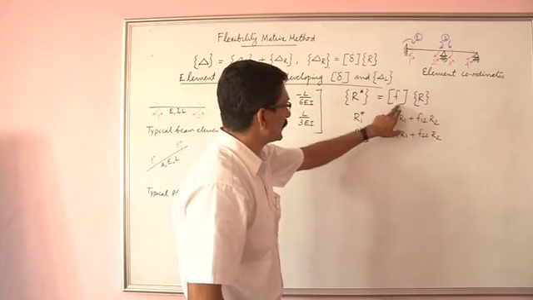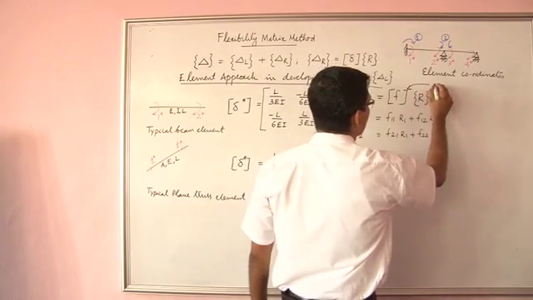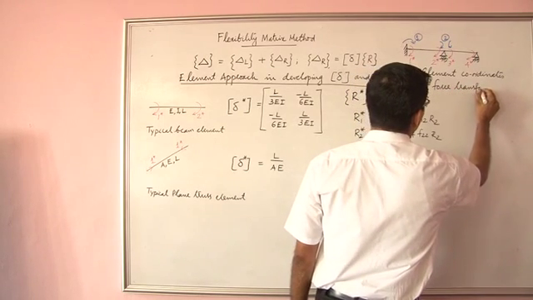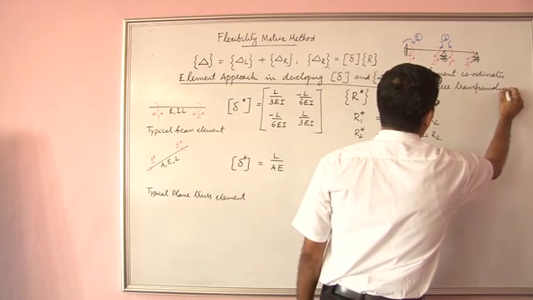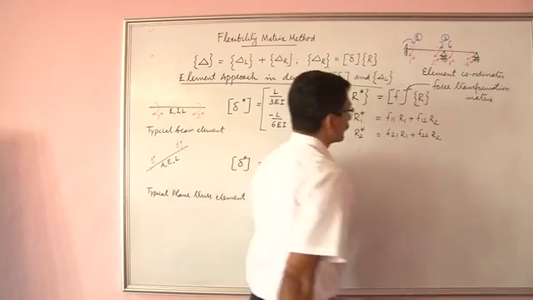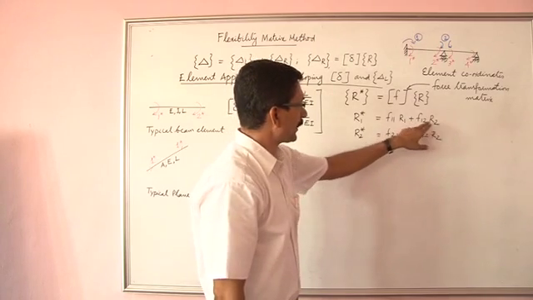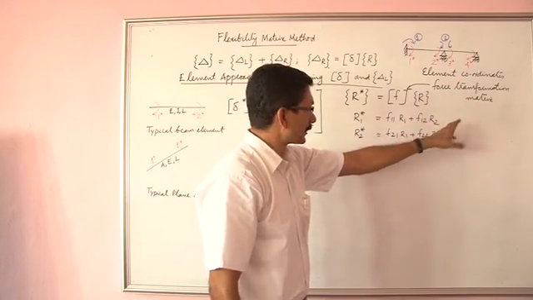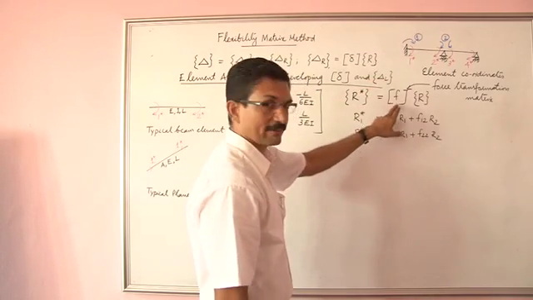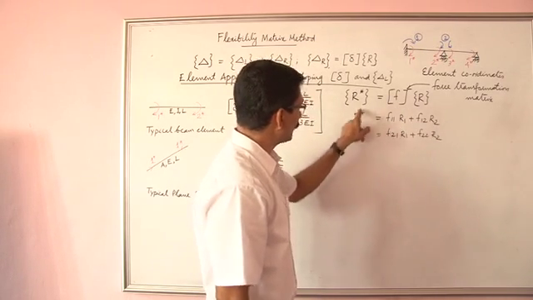So to find out this F matrix, which is generally called the force transformation matrix, we can set the value of, say, R1 is equal to 1 and R2 and any other R's to be equal to 0, and we can develop the first column of this matrix F. When R1 is equal to 1, R2 is equal to 0, R1 star will be equal to F11.